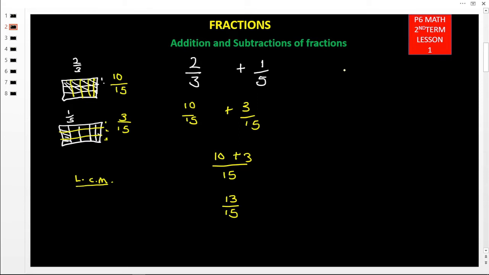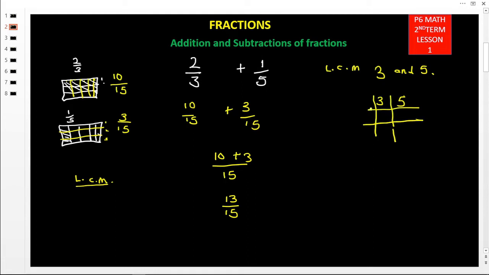So we have to get the LCM of 3 and 5. So here we are going back to that method of getting LCM, which is called prime factorization, and we are going to be using the ladder method.